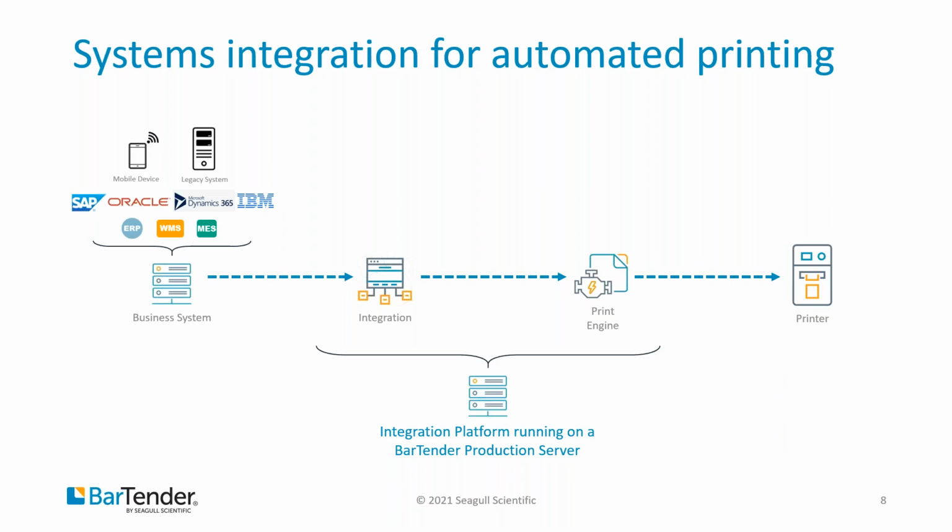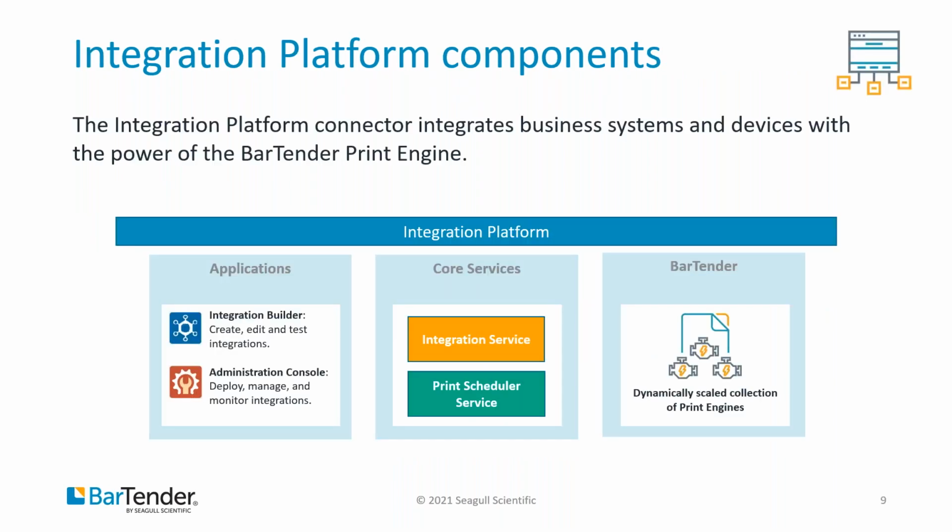We built an integration in the integration platform, which is actively listening for that event message. And when it receives it, it can then perform actions, which is typically to print a BarTender document. To do this, we make use of the BarTender print engine, and the document is printed and sent to the target printer using the Windows Print Manager.